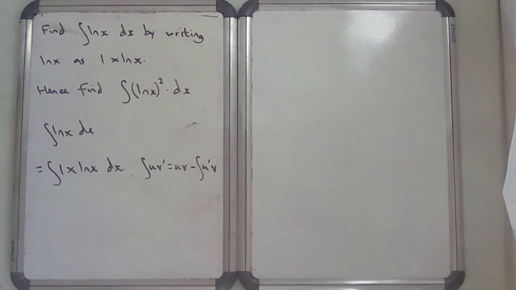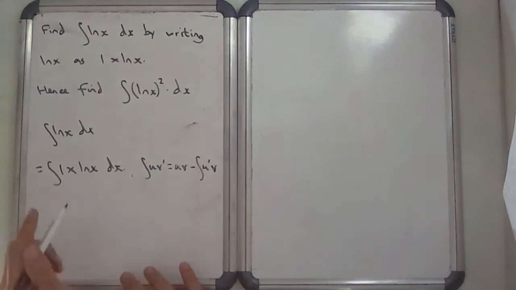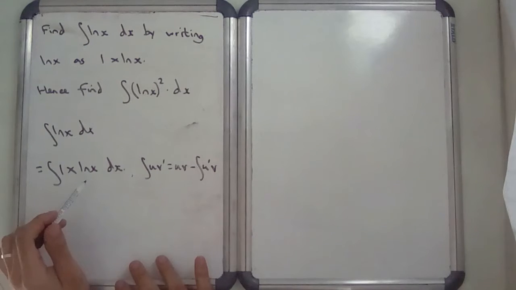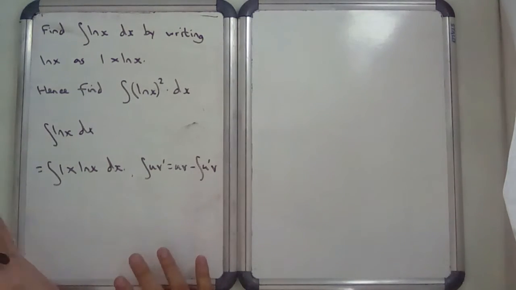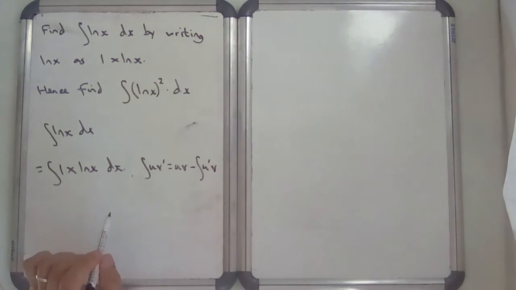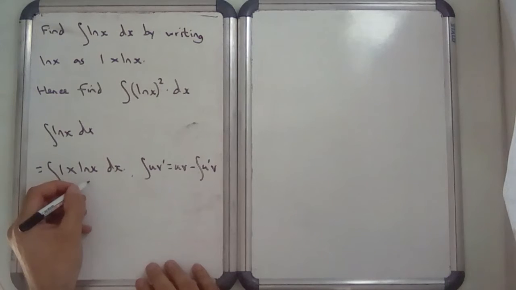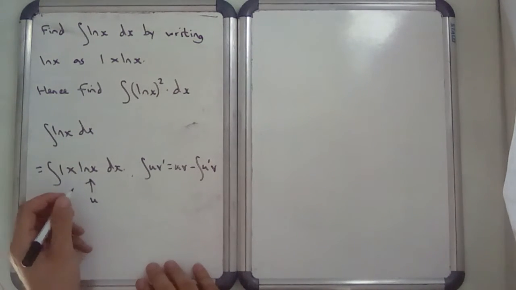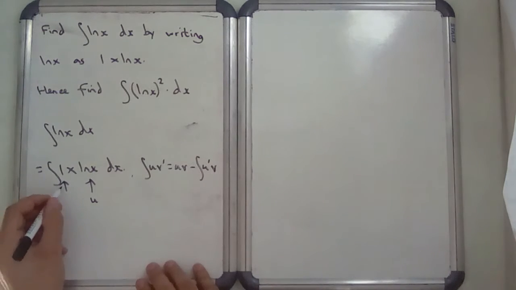Now, you don't really have a choice, because say we selected the v dashed as ln x, then we're going to have to integrate ln x, but that's the whole question anyway. Plus, once you differentiate 1, it's just going to go to 0 anyway. So ln x has got to be the thing we differentiate, so that's got to be the u, which means that the 1 has got to be the v dashed.